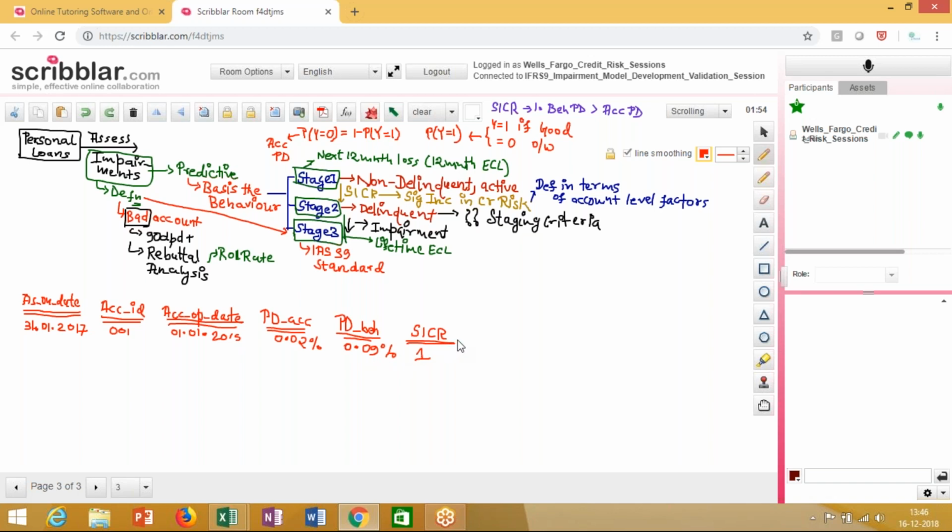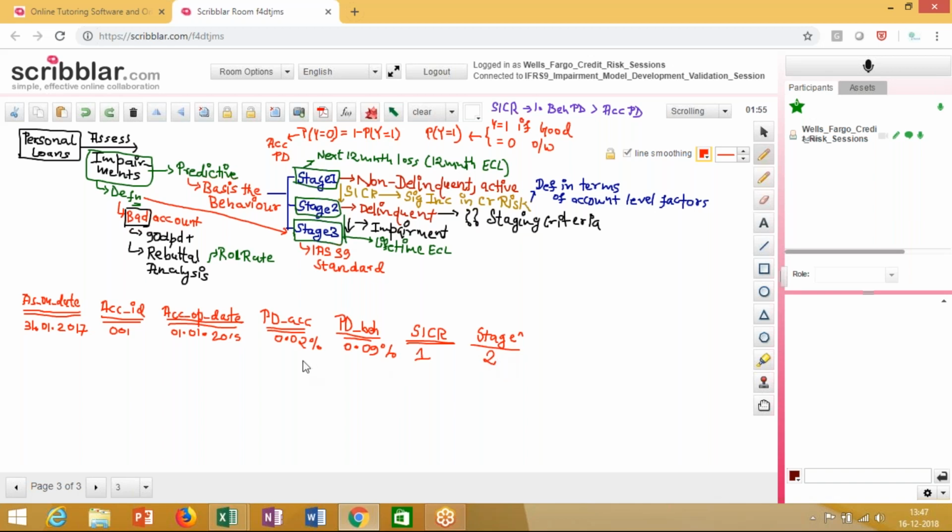Now when I look into this SICR flag, if the SICR flag is 1, then the stage of the borrower is 2. So the stage value is 2. Since the account has undergone an SICR, it is stage 2. Previously, last month, it was stage 1, so from there it becomes stage 2.